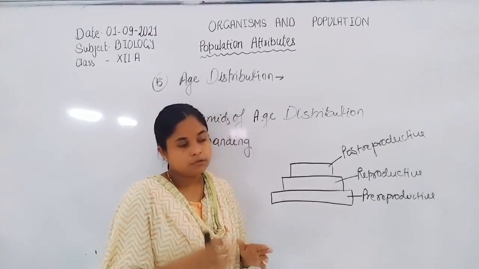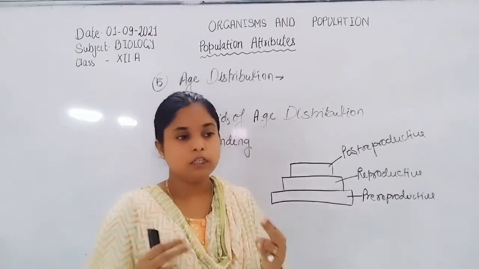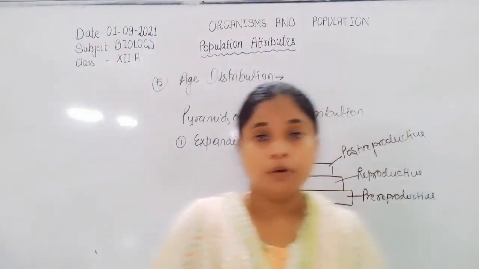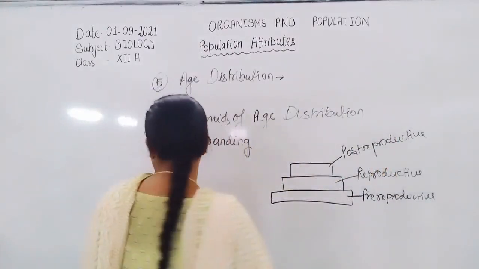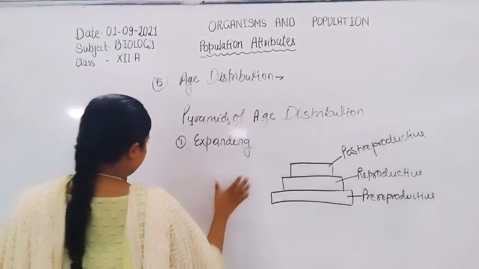If the couple has only two children, that type of population shows a stable population.